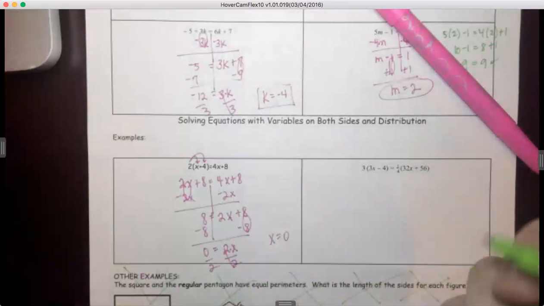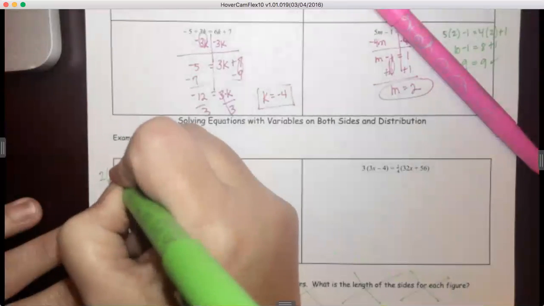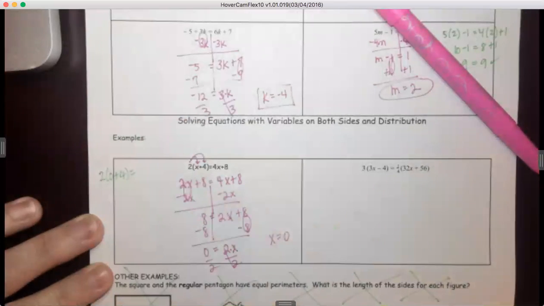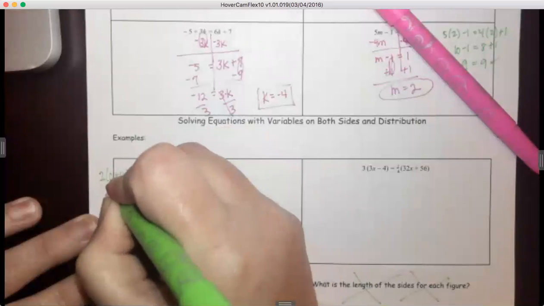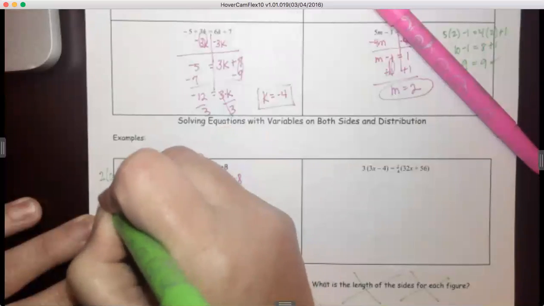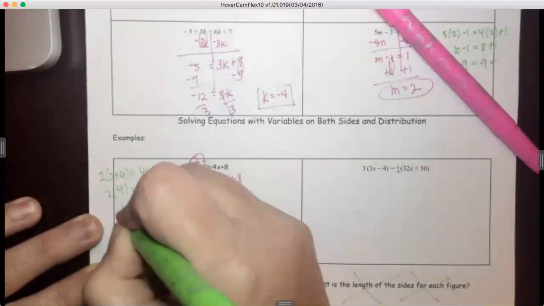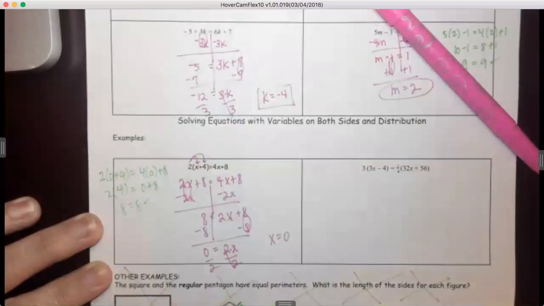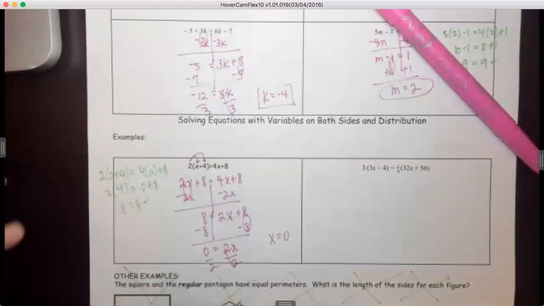Now, if you get x equals 0 and you're like, ooh, I don't know, we check. 2 times 0 plus 4 equals 4 times 0 plus 8. 0 plus 4 is 4, and 4 times 0 is 0. So then we get 8 equals 8. That is a correct answer. I don't want you to stop and be like, I have no idea what to do. I want you to go ahead and finish your steps.